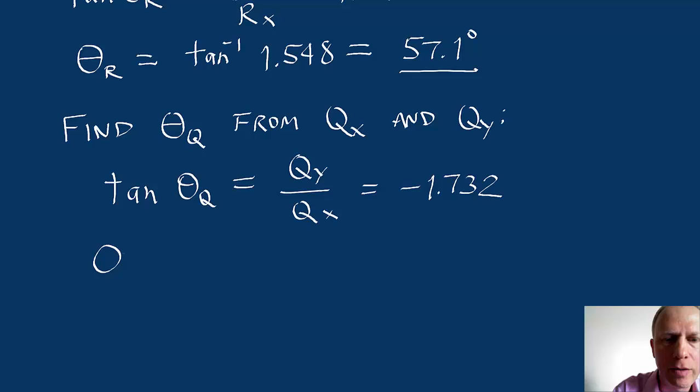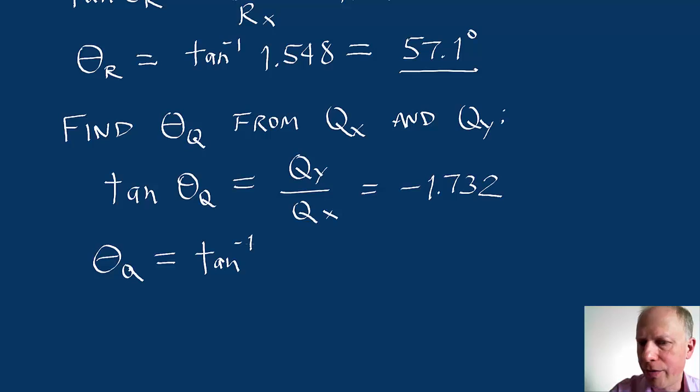The direction angle theta Q is not simply the inverse tangent of that value, because the x component of the vector Q is negative. In fact, it was minus 95.0 kilometers.